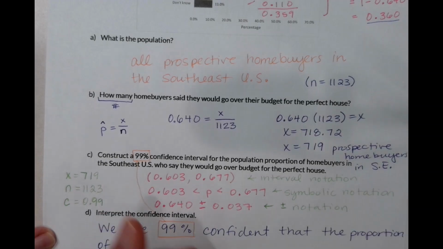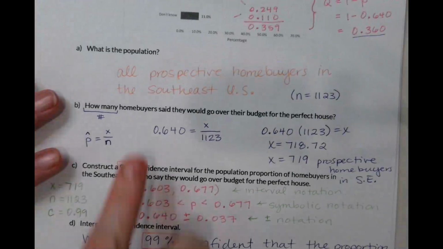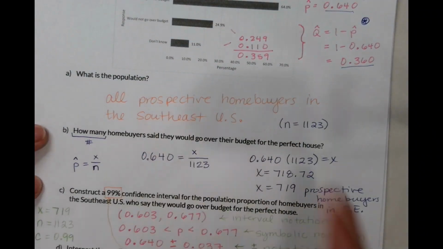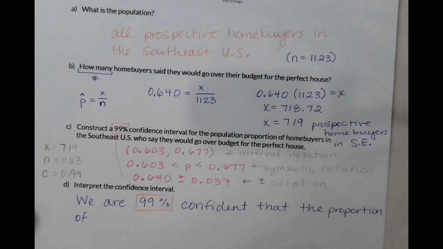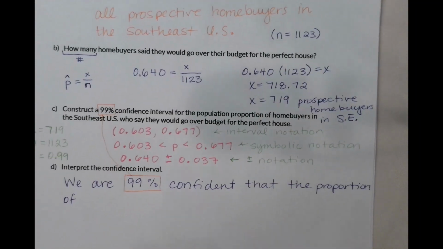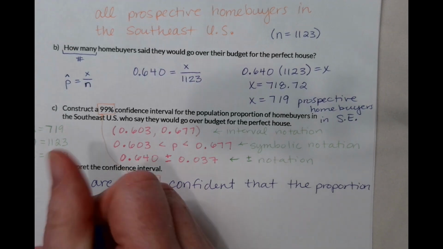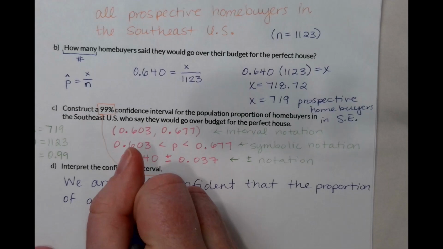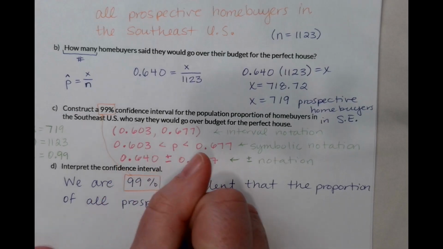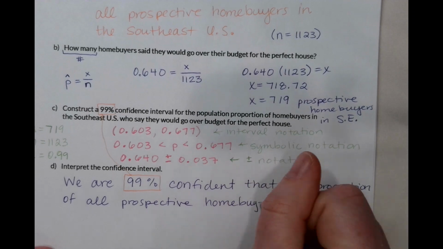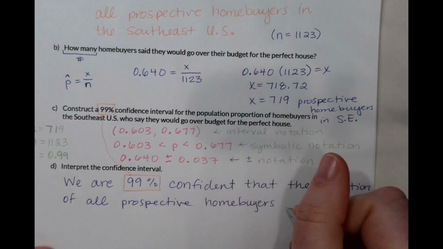of, and then I'm going to come back up here to where I have my population. I'm going to write that entire thing. And yes, I know, sometimes that ends up being a lot of words, but just go ahead and do it. So we're 99% confident that the proportion of all prospective home buyers in the Southeast United States.